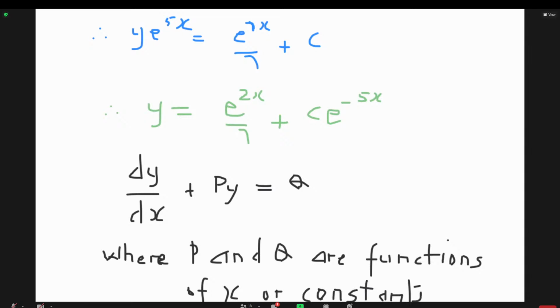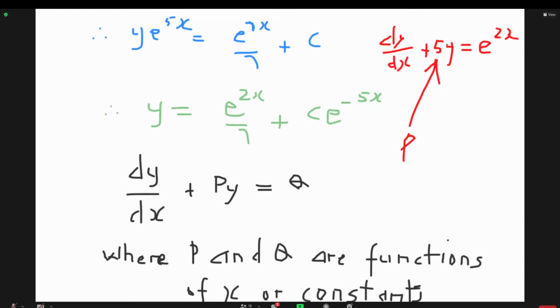Because in the example that we just did, okay, this P is 5, which is a constant.